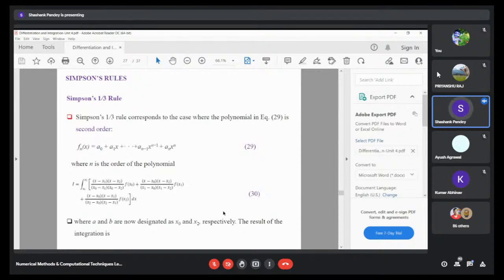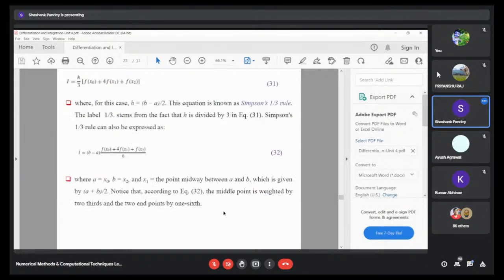And you can see here that now we have replaced a and b, which were the extreme points of the interval, with x0 and x2, and get an expression for the Simpson 1/3 rule, which is represented by equation number 31. Again, you see that the extreme values of the function are simply added.